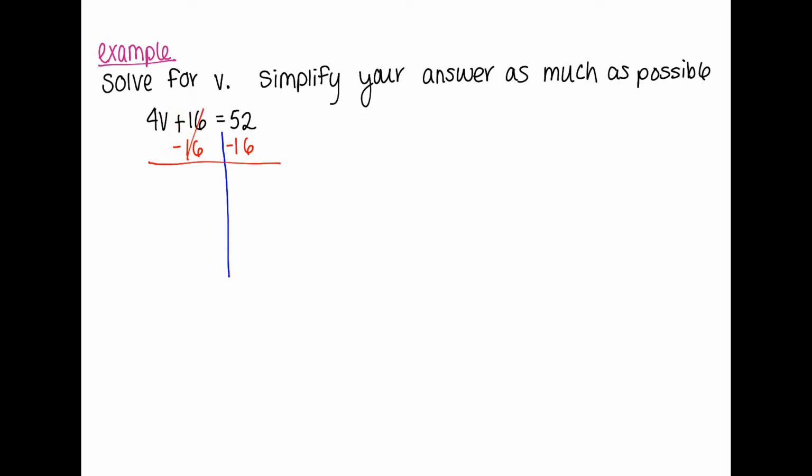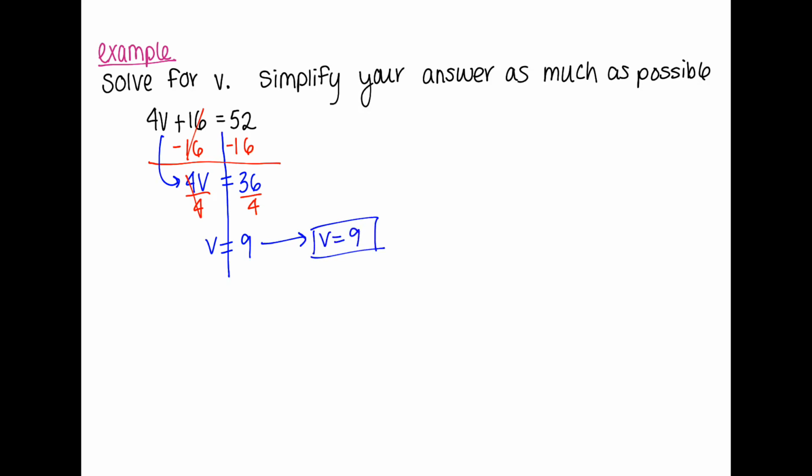These cancel. On the left, I'm left with 4v. He just came straight down. And then 52 minus 16, I'm going to just plug that into my calculator and get 36. Now, because it's 4v and not v over 4, we want to divide by 4 to cancel. 36 divided by 4 is 9, so we get a final answer of v equals 9.